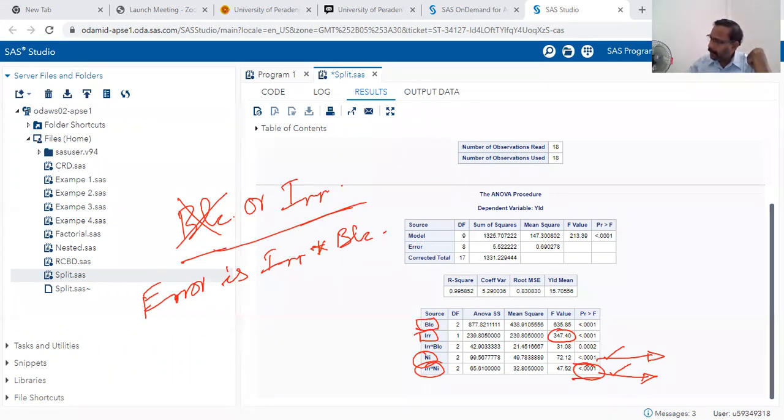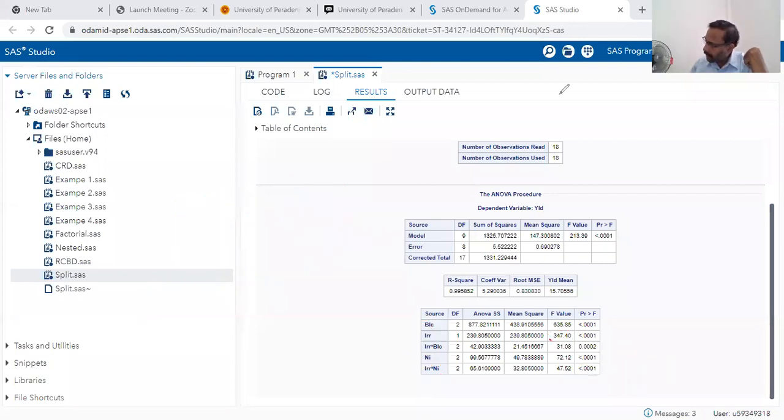So here, to test our irrigation, this is not the F value. To get that F value, this is my mean square, 239.8. This is to test the irrigation.